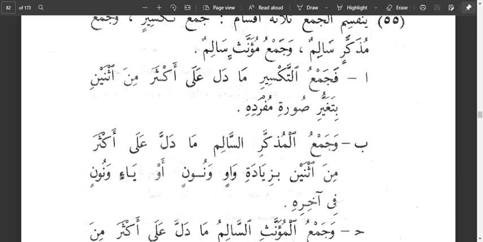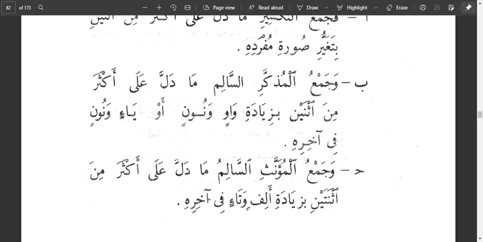And the last one, the third one, Jamu Muannas Salim, the sound female plural, adds alif and ta to the end of the word.